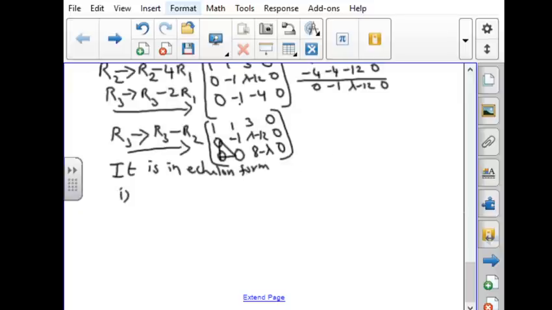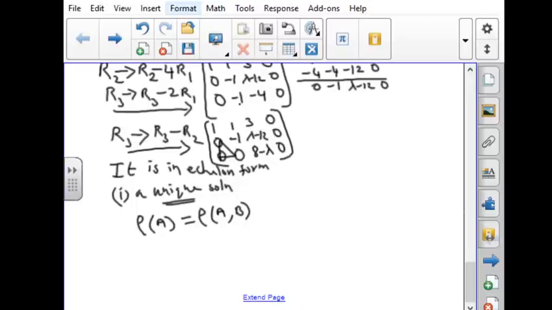So first case, a unique solution. To get a unique solution, rank of A should be equal to rank of A comma B. So the whole matrix gives you the rank of A comma B, and when you remove the last column you get the rank of A. So to get a unique solution, both the ranks should be equal.